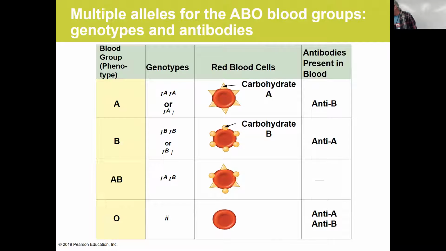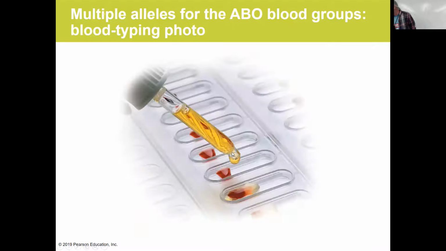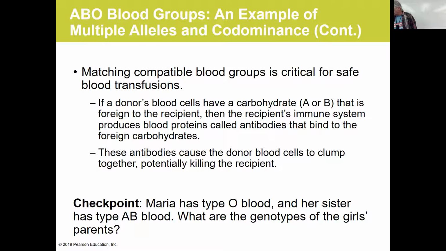So there's the same thing right there. Those are the reactions. These are agglutinations here and would cause death. And you can easily have your blood tested to find out what blood type you are if you don't know.